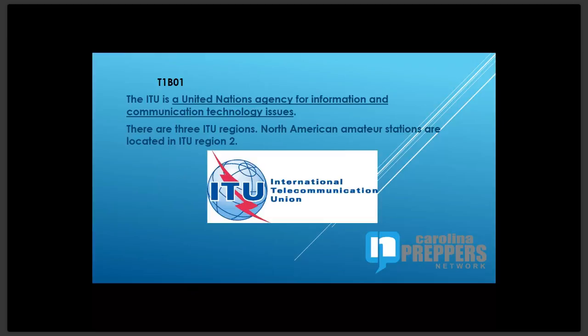Oftentimes, the United States usually takes center stage. United States and Europe tend to be at the forefront, but we really don't have the alpha seat when it comes to the ITU.